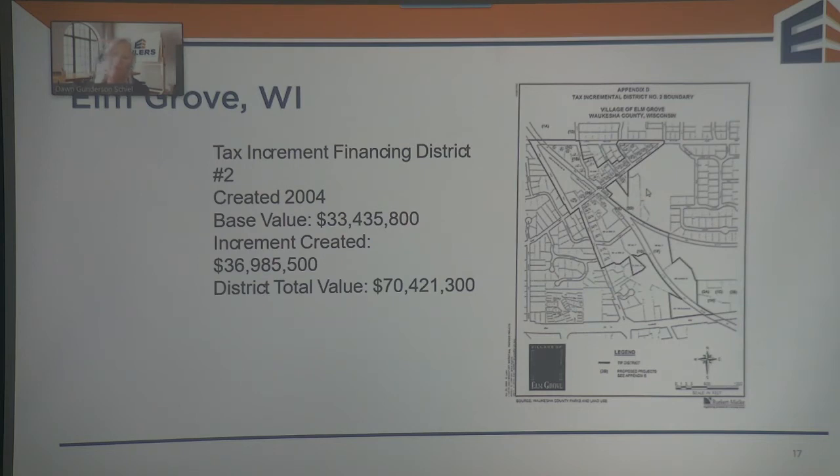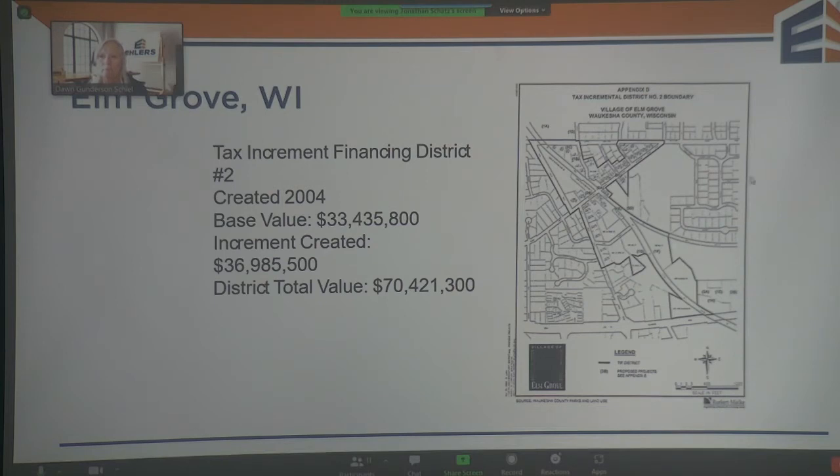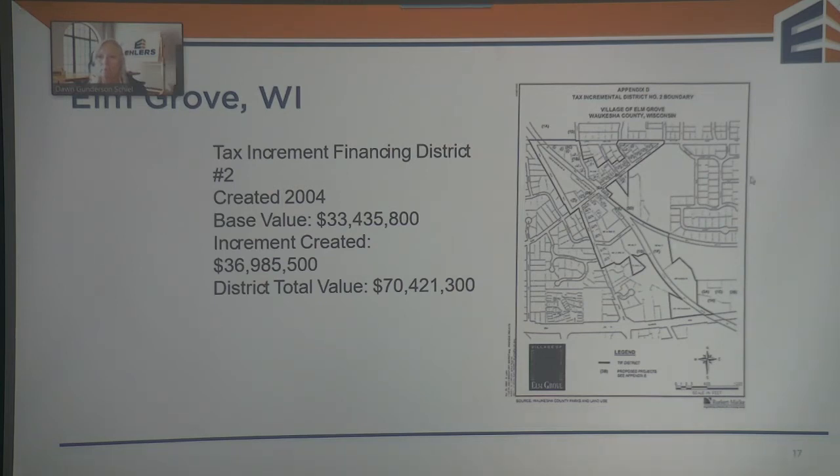Okay, I understand. And we can do overlays, in other words, a project for one TIF can overlay the other previous TIF. TID, yes. Do you want to explain that, Dawn, how that works? Basically, you can create a new district and include part of an existing district into the new district.